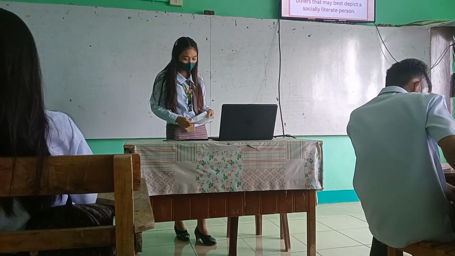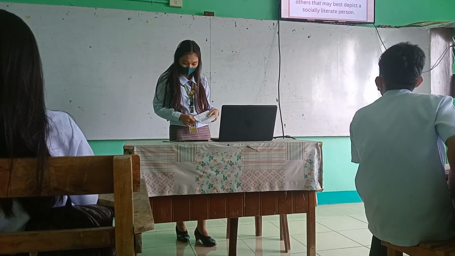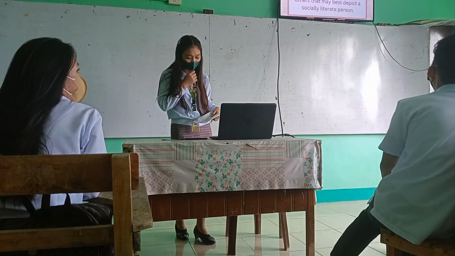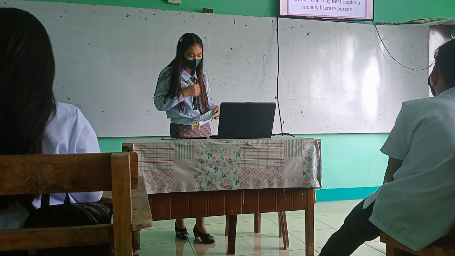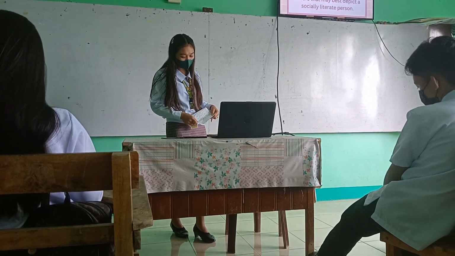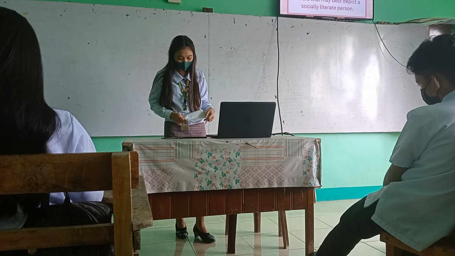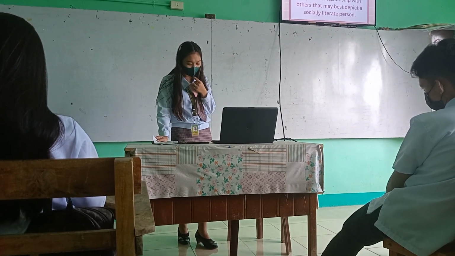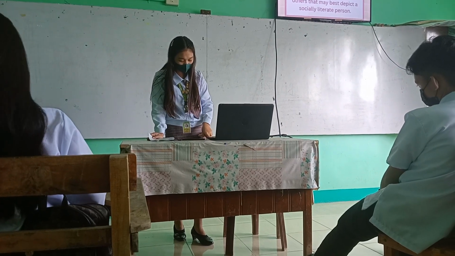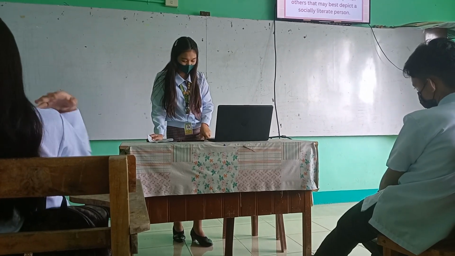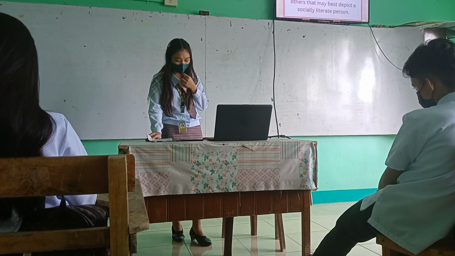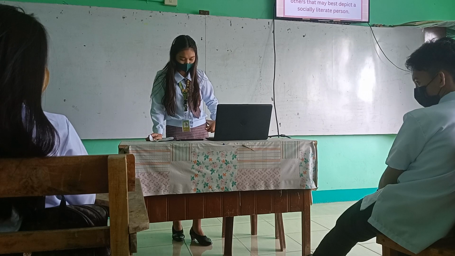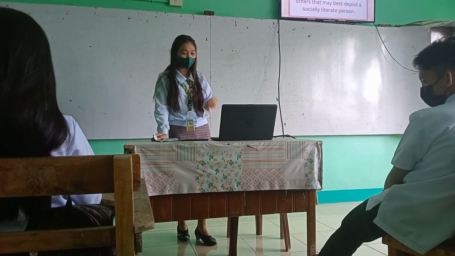So dito, according to Goleman, 1996, he defines emotional intelligence as the ability to recognize, understand, and manage all emotions, and also to recognize, understand, and influence the emotions of others. And also, it is being aware that emotions can drive behavior and impact people, whether positively or negatively.